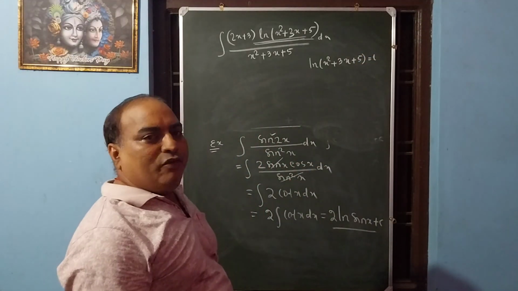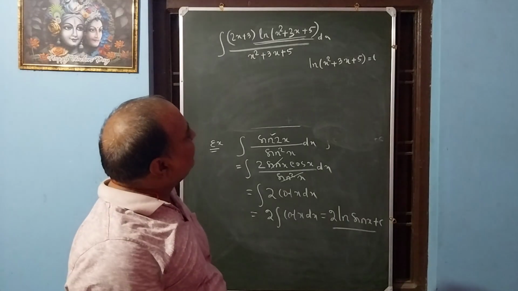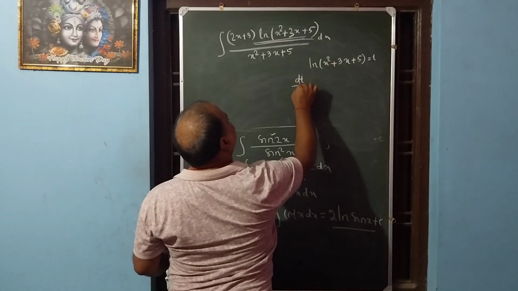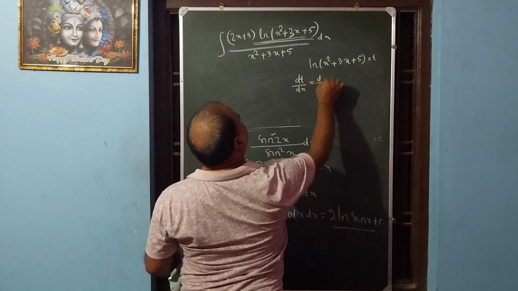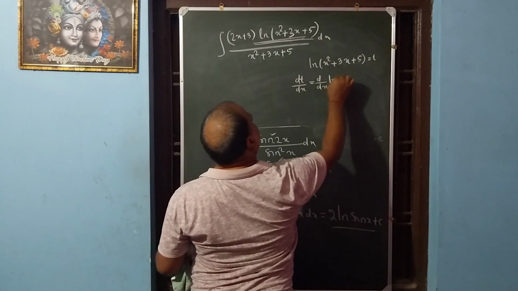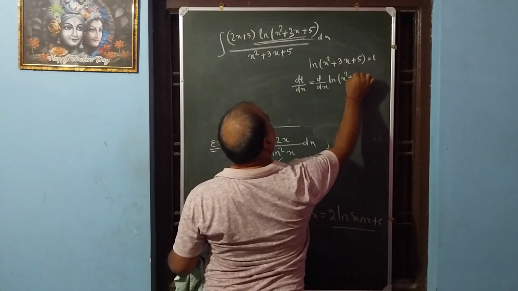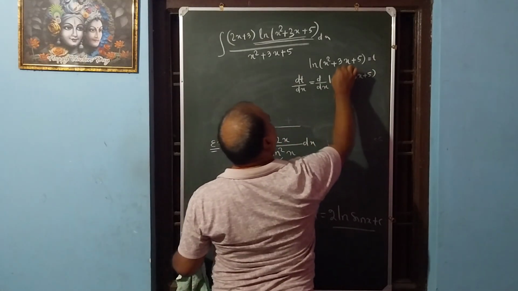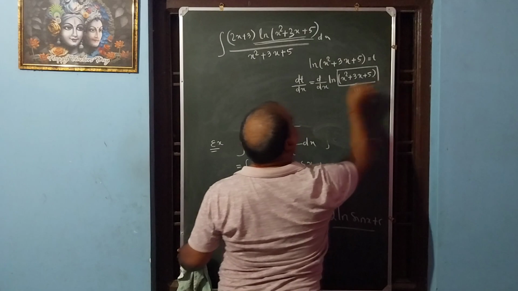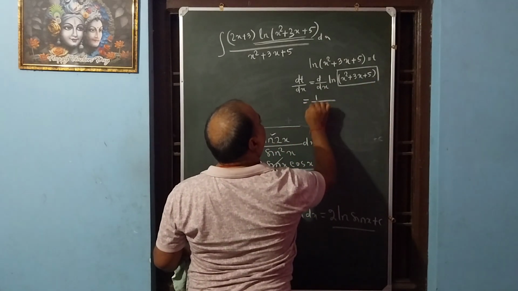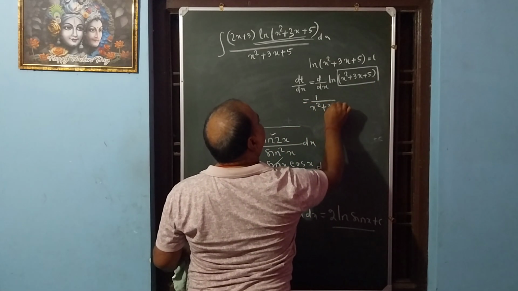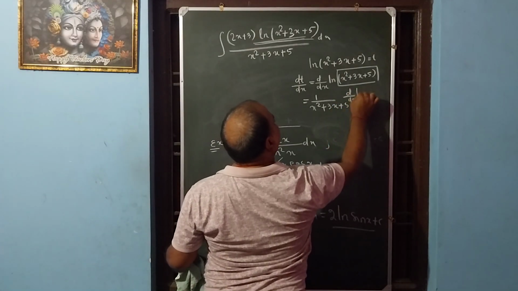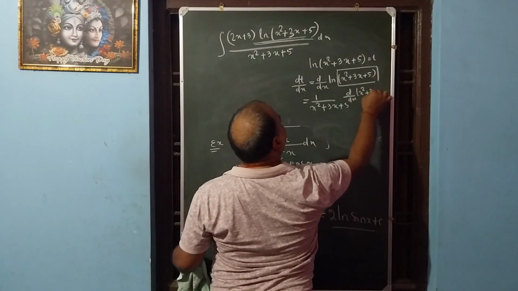Once you take this, you differentiate on both sides with respect to x. So we get dt by dx equal to d by dx of ln of x square plus 3x plus 5. You know the derivative of ln of something is 1 by that something, times the derivative of that something. The something here is x square plus 3x plus 5.